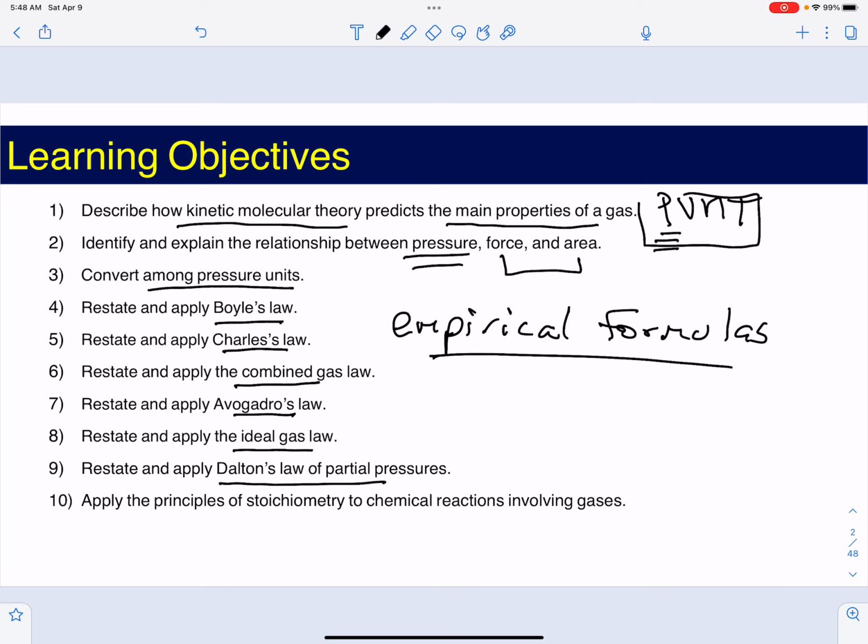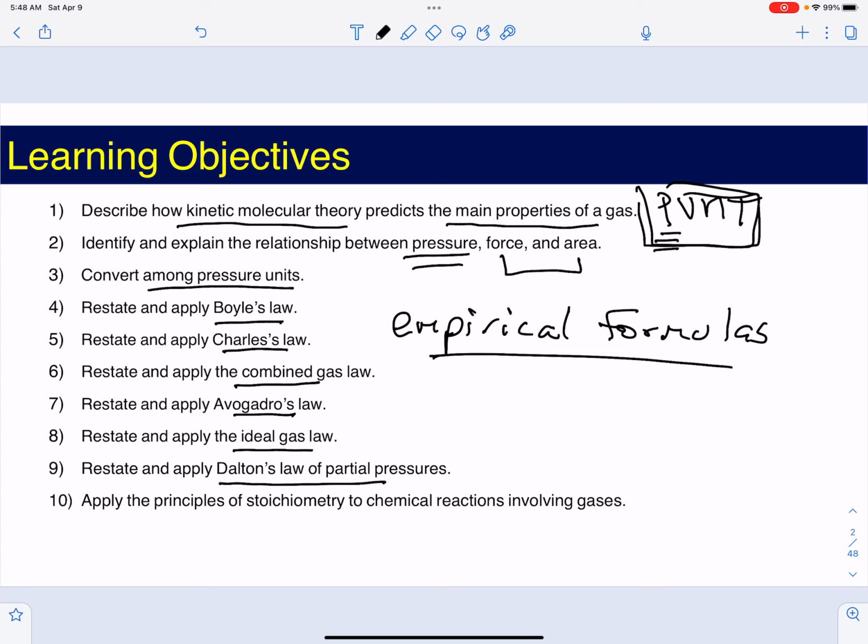Once we do that, we're going to go back to what we did 2 chapters ago when we talked about limiting reactants, percent yield, theoretical yield, and so on. And we're going to be learning how to do that using gases and the properties of gases.